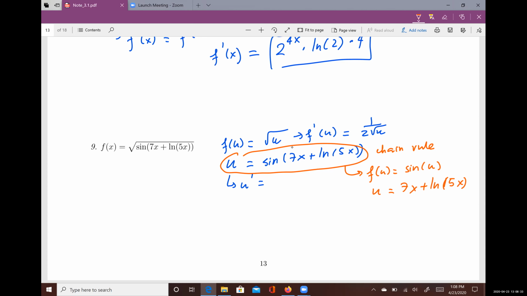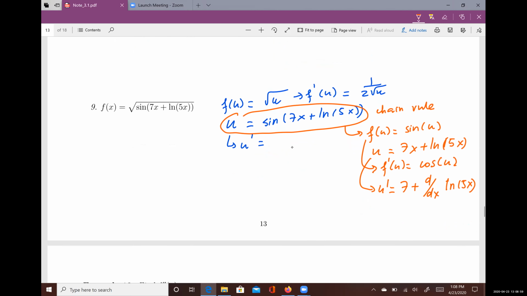Okay. Then if f of u is sine of u, then f prime of u equals cosine of u. And then u equals 7x plus natural log of 5x, so u prime here equals 7 plus the derivative of natural log of 5x.